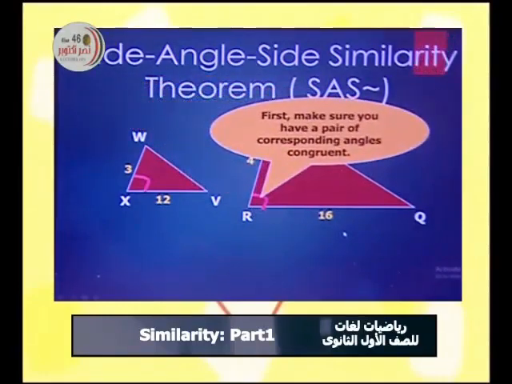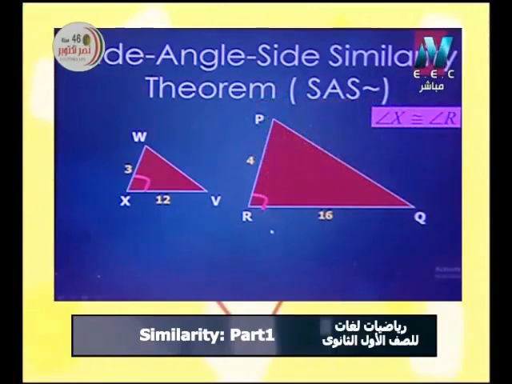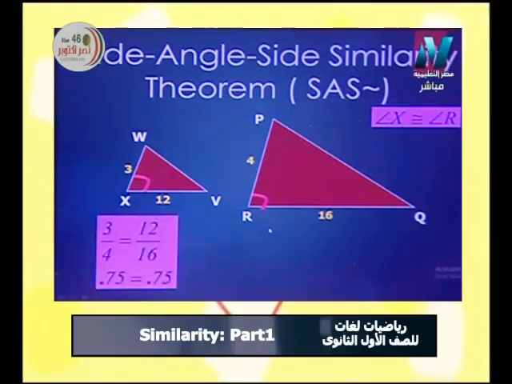First, make sure that you have a pair of corresponding angles congruent, like X and R. Measure angle X equals measure angle R, or we can say the angle X is congruent to the angle R.